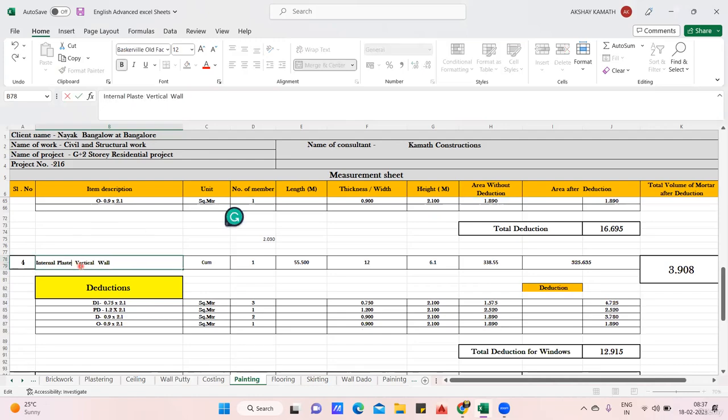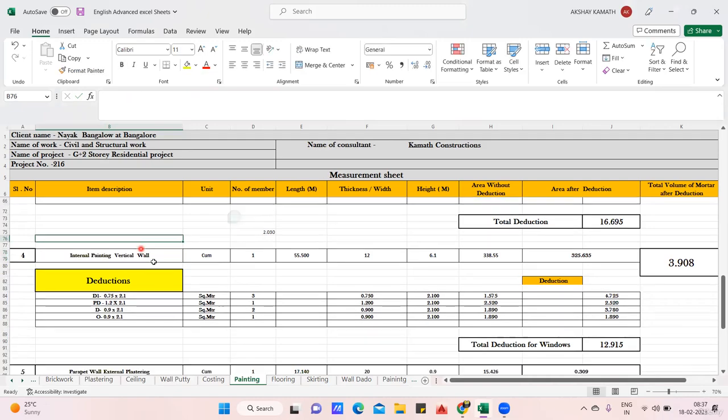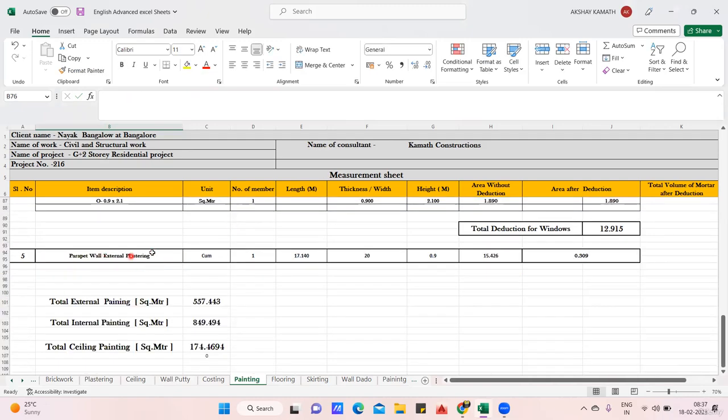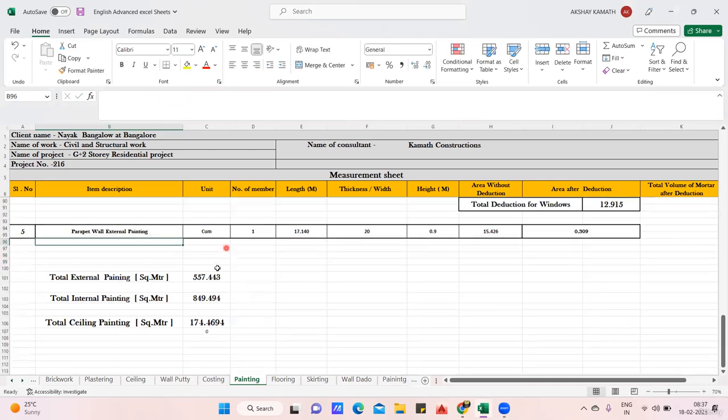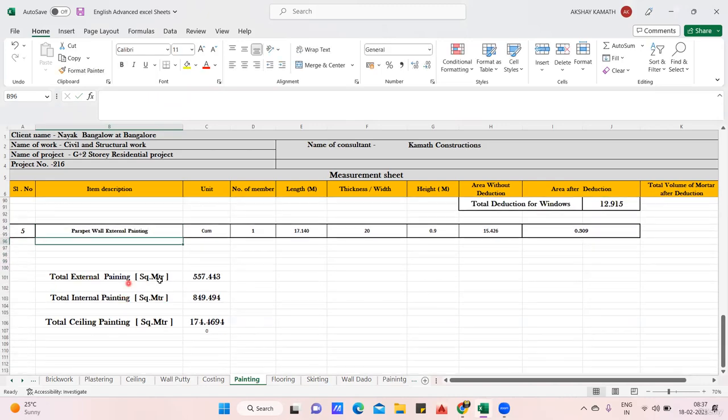This is also painting, and here also painting. Okay, great. So total external wall painting in square meter is 557. Total internal painting is 849.